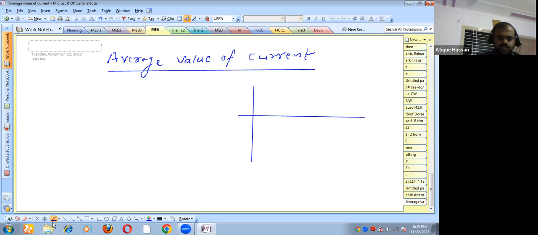Why do we need RMS value? The reason is that when you have an AC current like this, sinusoidal varying current, and you take average value over a time period, it becomes zero. So that is why for alternating current, RMS value is needed. So how do we define average value?